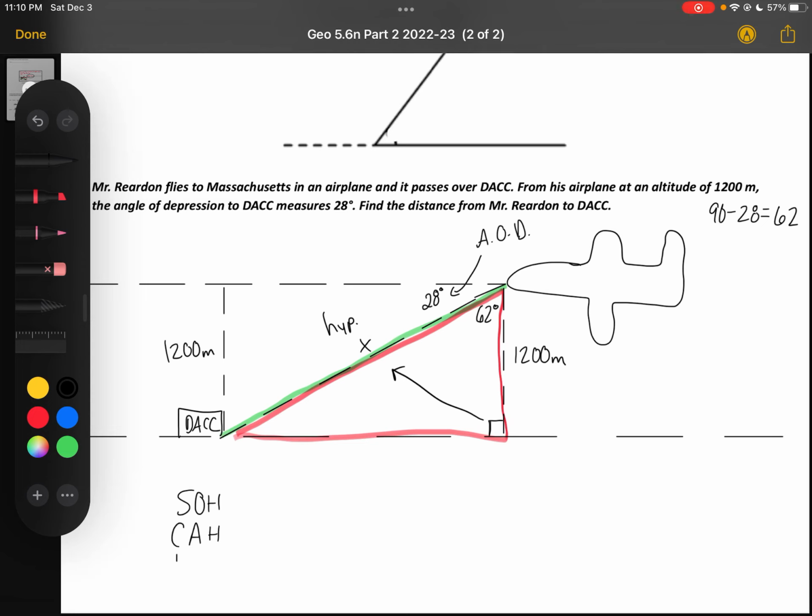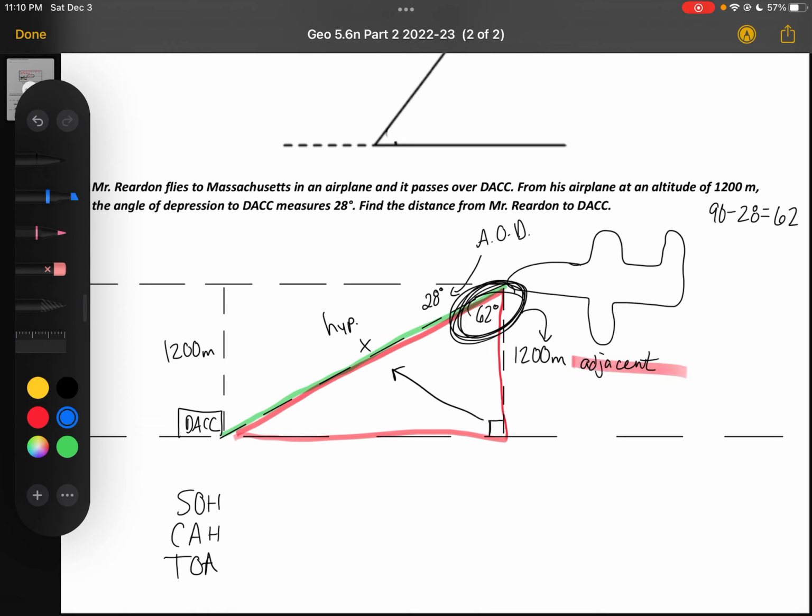So once again, setting up SOHCAHTOA, our trigonometry functions. If we're using this 62-degree angle as our measure, we're going to see that 1200 is right next to that 62-degree angle, so that's going to make it our adjacent side by definition. Adjacent means directly next to, so 1200 directly next to 62 degrees.